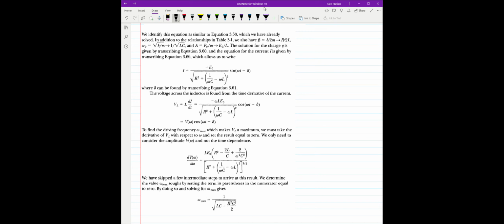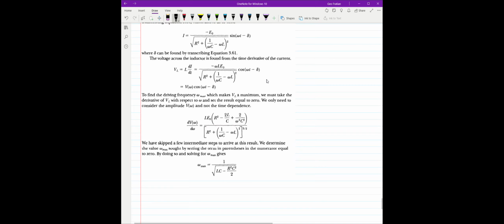Okay. Omega naught, square root of k over m, goes to 1 over square root LC. Where this comes from is a good way of explaining a transfer function of circuitry, but not important. A, which is F over m, goes to E naught over L. So in other words, everything looks identical, right? It's just pattern matched at this point. So we can basically find a solution for I, VL, and then we can take the derivative and find omega max as this function here.